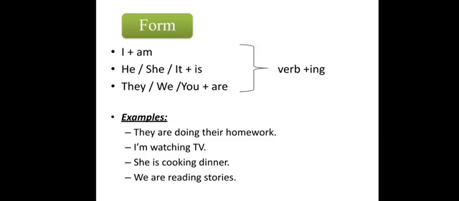Let's talk about the form, how to form a sentence in the present continuous tense. Our sentence starts with the subject. If the subject is I, you need to put am after the subject. If the subject is he, she, it, or a singular noun, we put is.